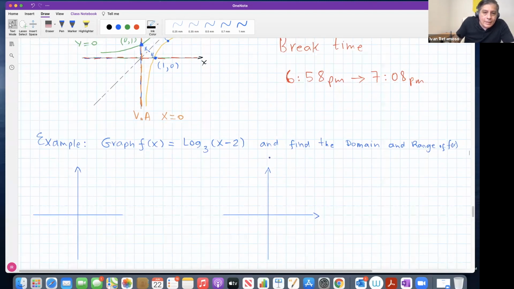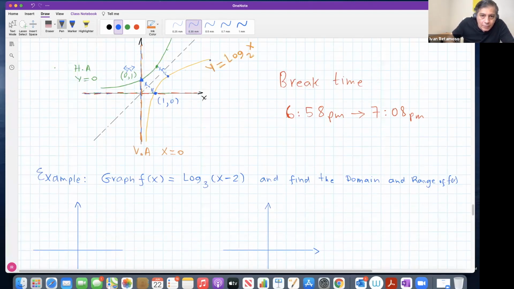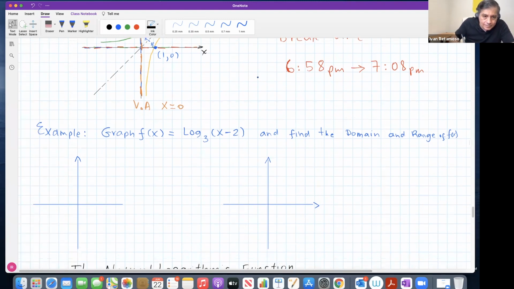do the following. Start with something that you know. We know the graph of the basic function, y equals log base 3 of x. So what's that? Well, the x-intercept is always at (1,0).